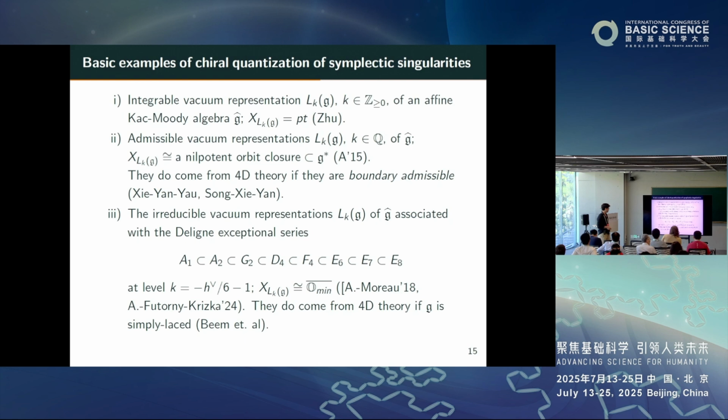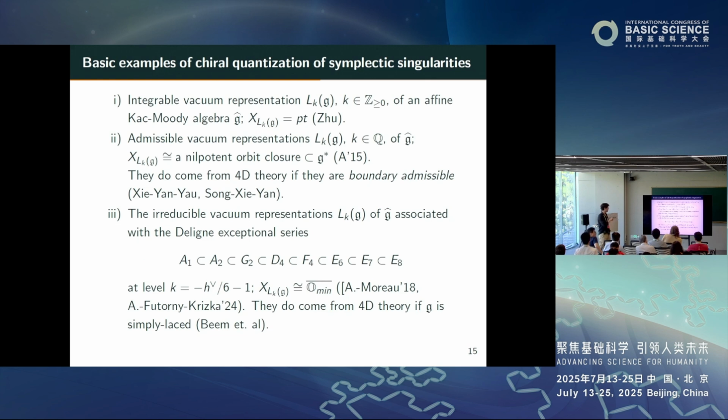This Deligne exceptional series also appears in the theory of elliptic fibrations. The classification of isotrivial elliptic fibrations has been done by Kodaira, and it's labeled by the simply laced members of this Deligne exceptional series. And physicists apply so-called F-theory to elliptic fibrations to get some 4D theory.